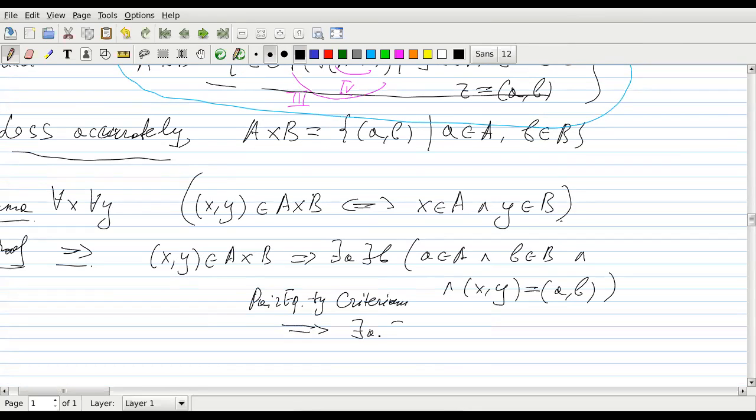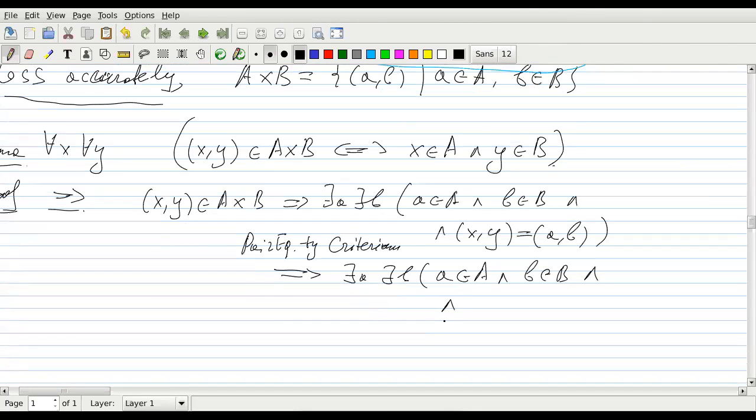When are two pairs equal? When x equals a and y equals b. This is the critical part. We need it. That means that every set might be expressed as an ordered pair in no more than one way.